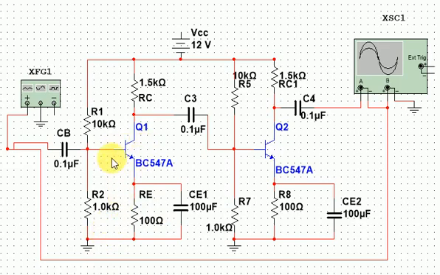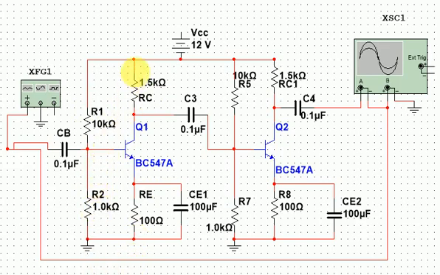Sometimes what happens is the current gain factor beta of the transistor changes due to the voltage supply conditions or operating temperature conditions. So basically the role of emitter resistance is to provide stability and to stabilize the Q point, that is the DC operating point of the transistor.